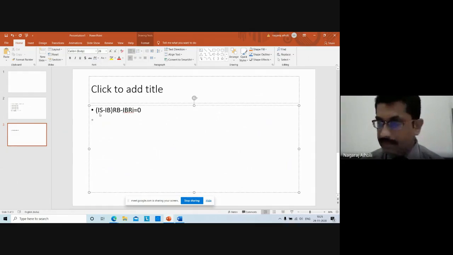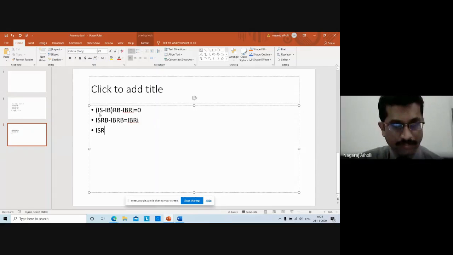Simplify this: IS RB minus IB RB is equal to IB RI. Now I'll write the equation: IS RB will be equal to IB RI plus IB RB.